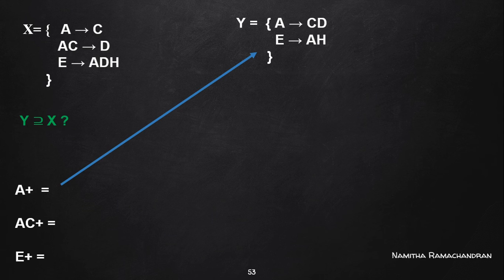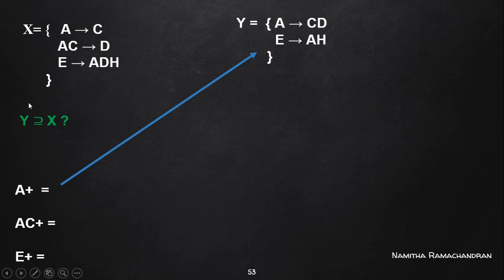Find the closure of the LHS part of the subset with respect to superset dependencies. In short, find out the closure of subset with respect to superset. How to do this? Here in this notation, X is the subset, right?